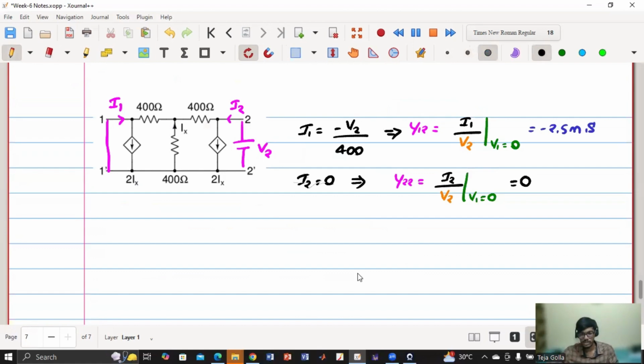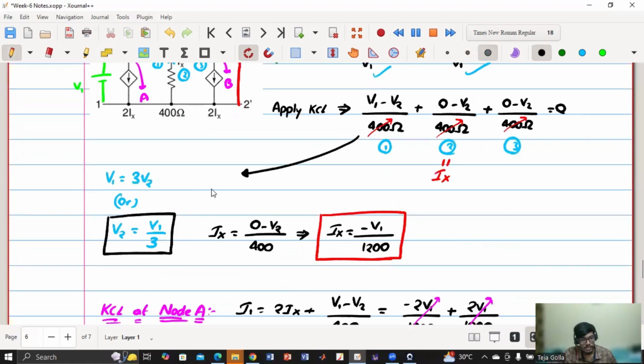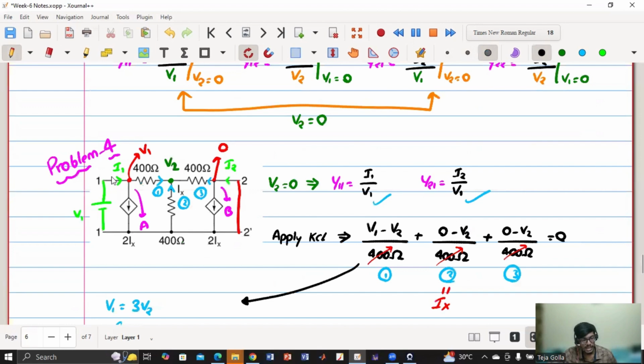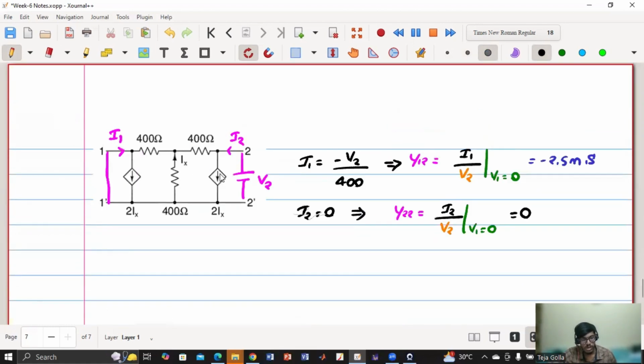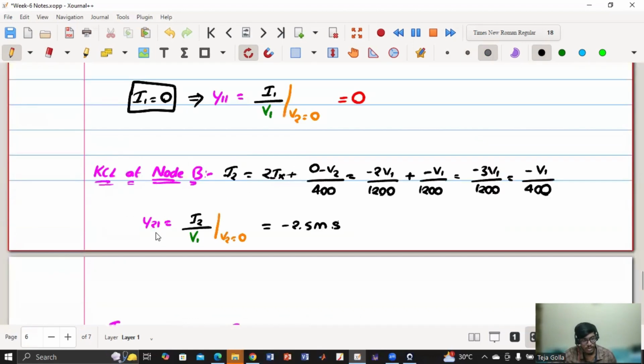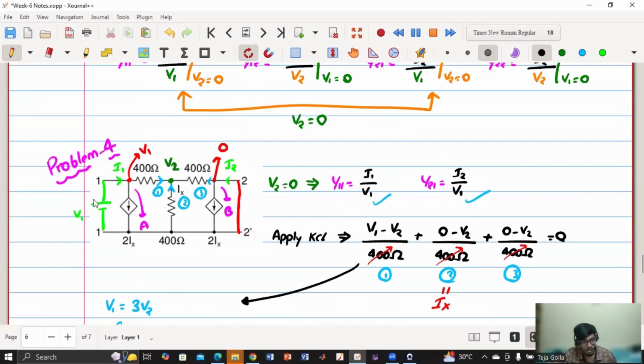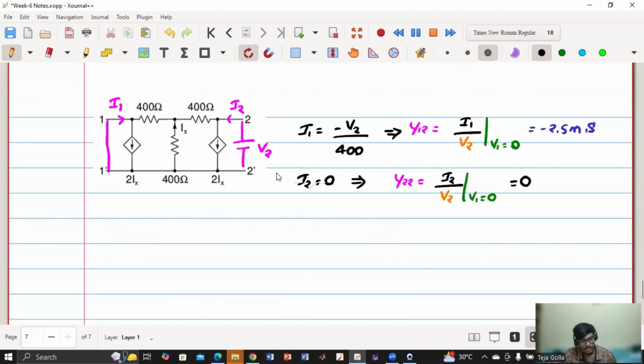What I mean to say is, say I have short circuited here and on this side there is a voltage source, and after the voltage source there is 2Ix current, 400 ohm, 400 ohm, 400 ohm, 2Ix. If I see from this side, I have the voltage source, 2Ix down, 400 ohm, 400 ohm, 400 ohm, 2Ix and short circuit. So whatever this circuit is from this side is the same circuit from this side.